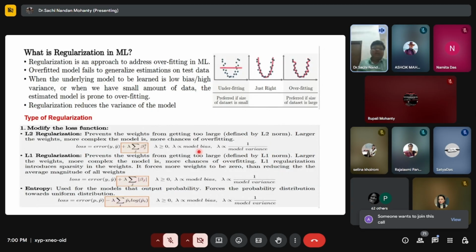So regularization reduces the variation of the model and prevents overfitting. If the preferred size is very small, you go for underfitting, and if the preferred size is larger, there are chances of overfitting. That is controlled by your regularization.